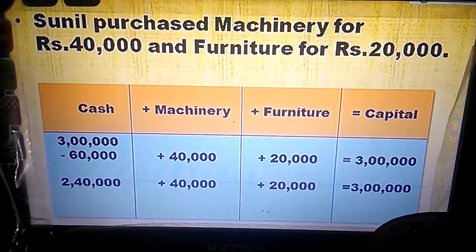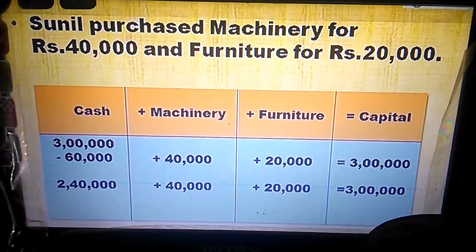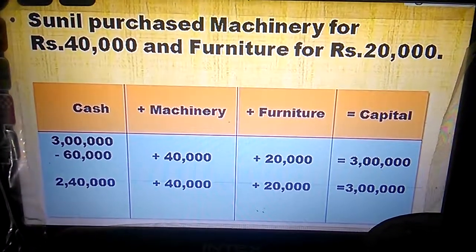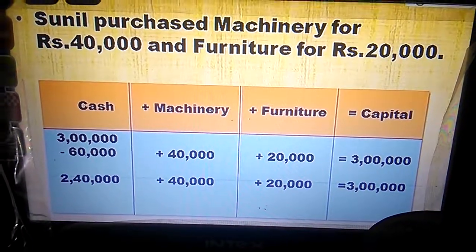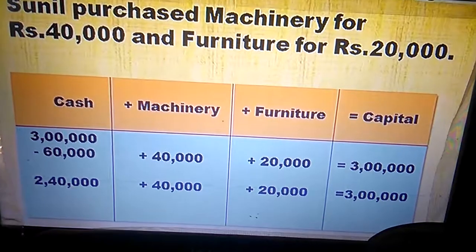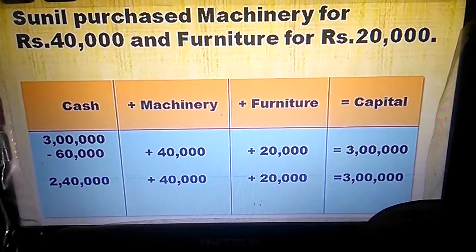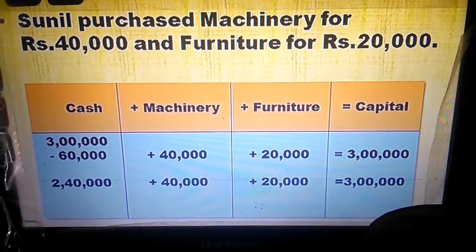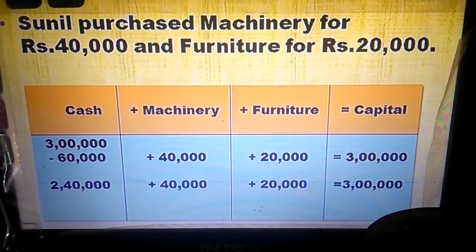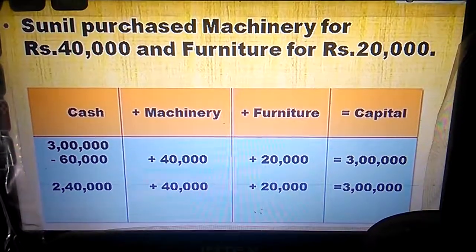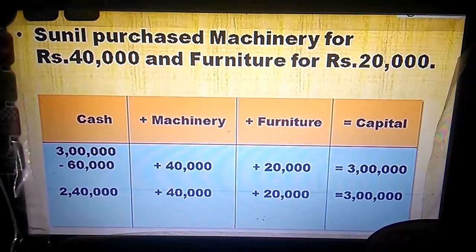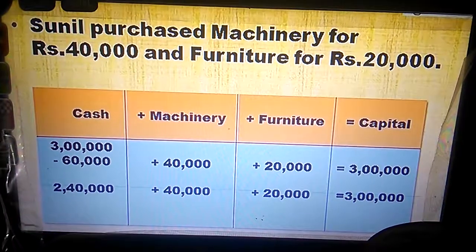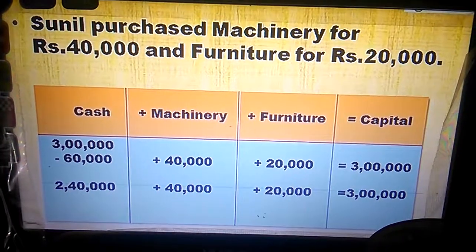Here, from the earlier accounting equation, you have 3 lakh as balance. And after that, from this transaction, machinery of rupees 40,000 is coming inside the business. So, under the machinery column, you have to add 40,000. Under the furniture column, which is also purchased, you have to add 20,000.